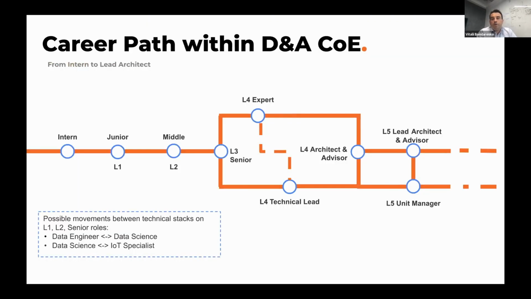A few words about the learning paths and the career paths inside Ciklum. So in this Center of Excellence, we have a skill matrix and all processes for growing our specialists, not only hiring them.